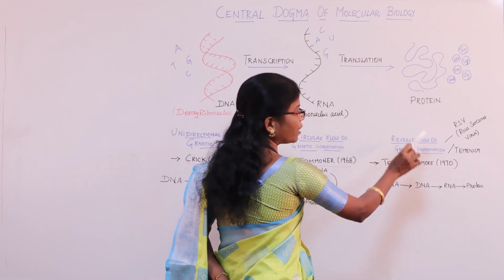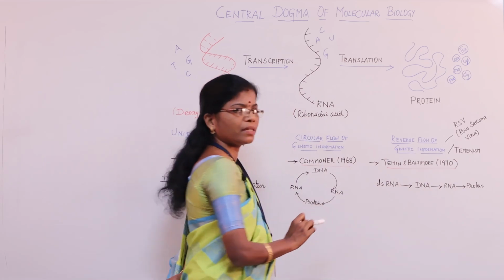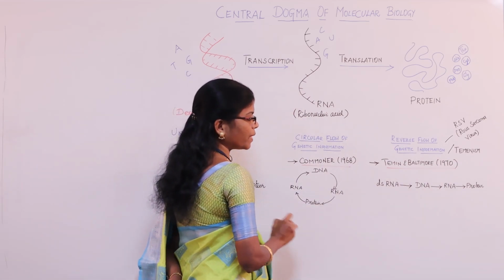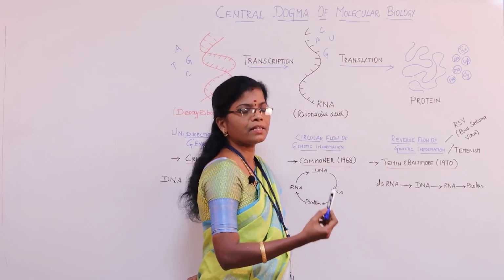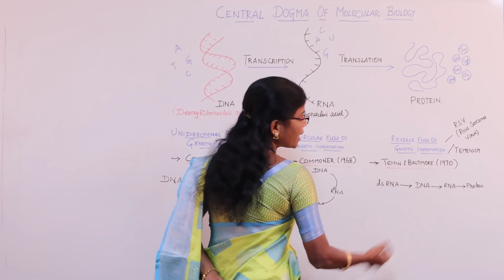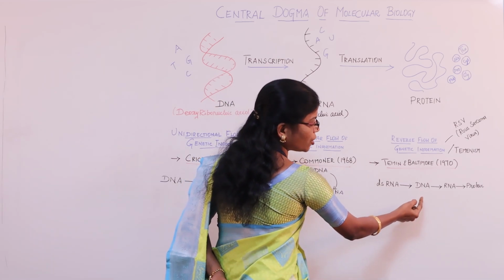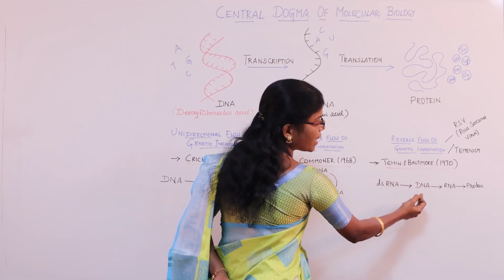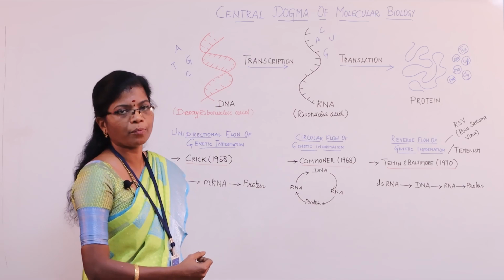Since it was identified by Temin, this is also called Teminism. We know the RNA in certain cases is also present in the form of a double-stranded structure. That double-stranded RNA molecule is converted into a DNA, and this DNA is converted into RNA and RNA into a protein molecule.